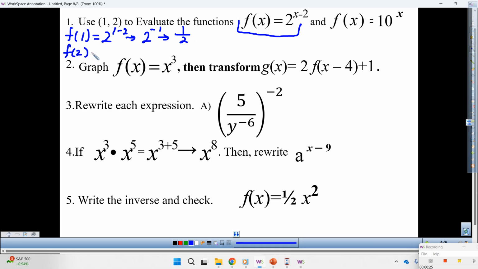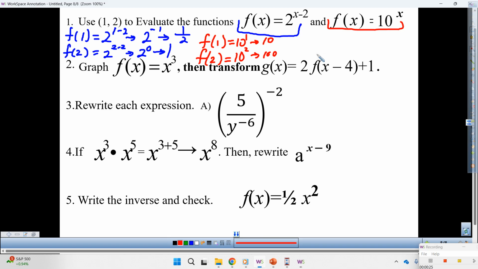And f of 2 is 2 to the 2 minus 2, which is 2 to the 0. Any number to the 0 is 1. All right? Base 10. F of 1 equals 10 to the first, which is 10. F of 2 equals 10 to the second, which is 100.